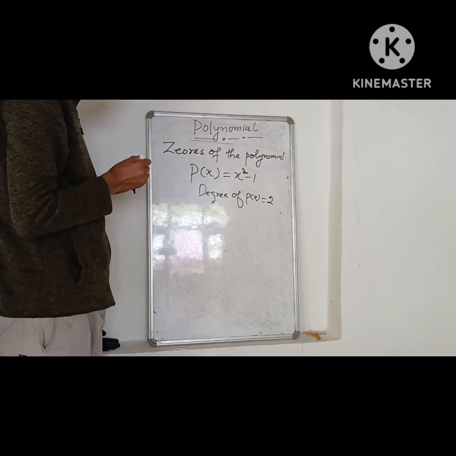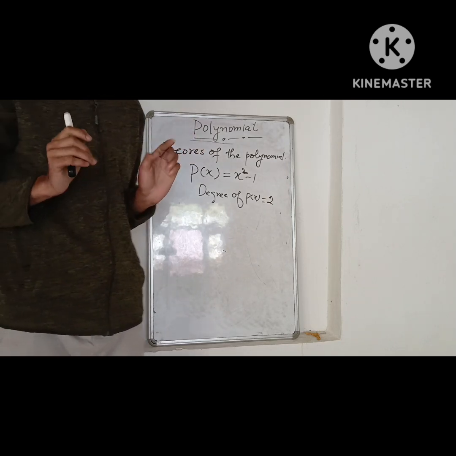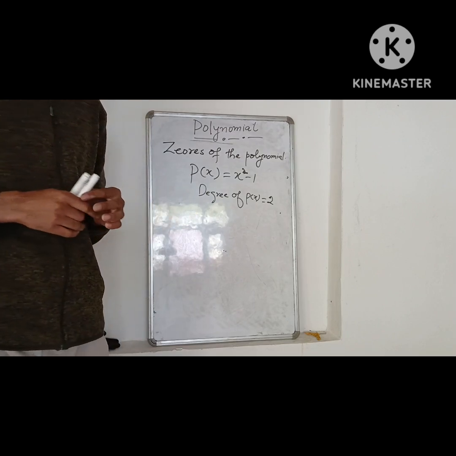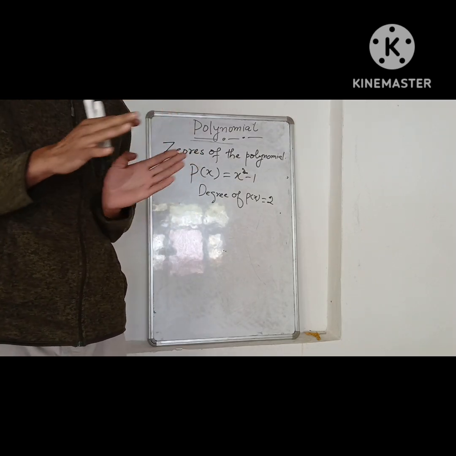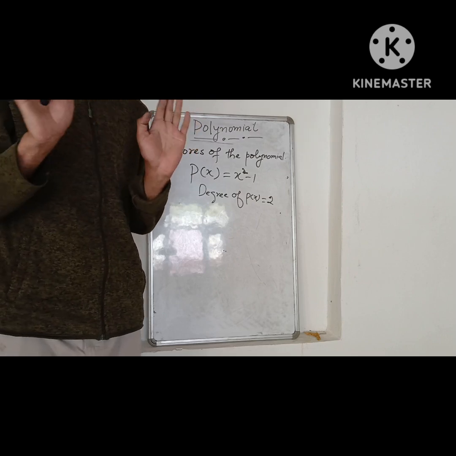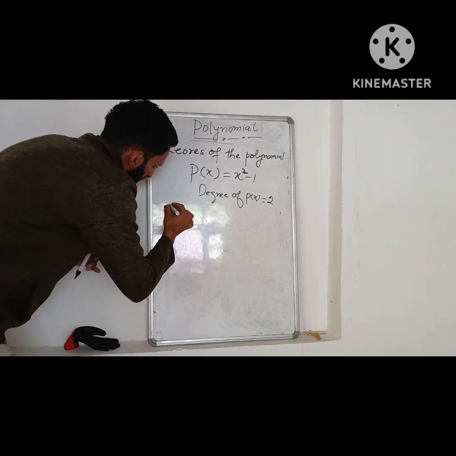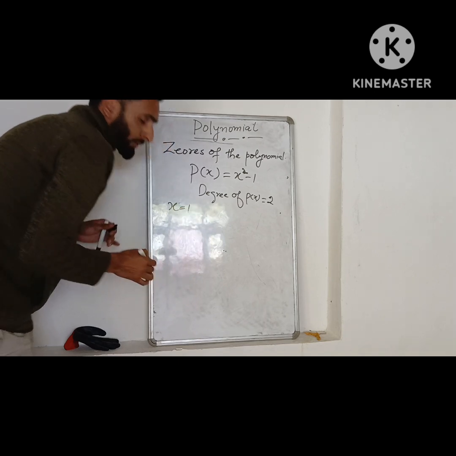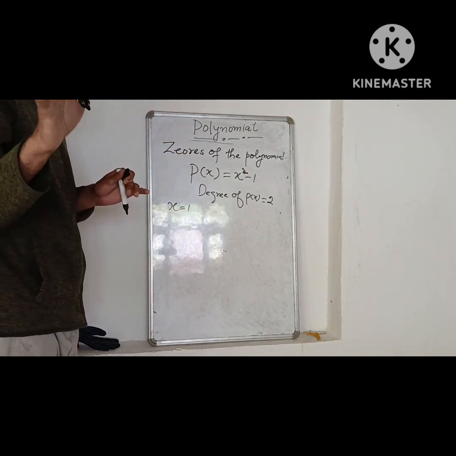But our thing is the zeros of the polynomial. We have to find the zeros of the polynomial. Actually, a zero of the polynomial is nothing but a value of the variable that makes the entire polynomial a zero polynomial. Say if I am taking x is equal to 1, you have to replace the variable with some value.